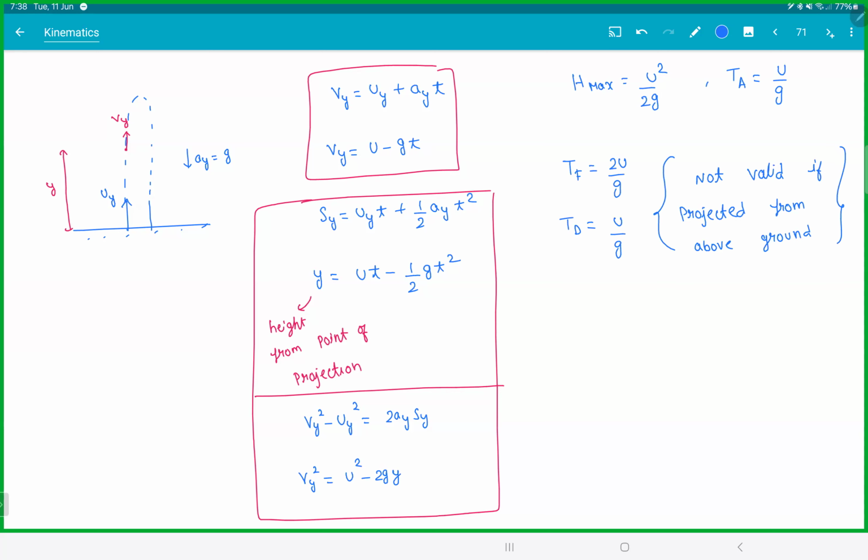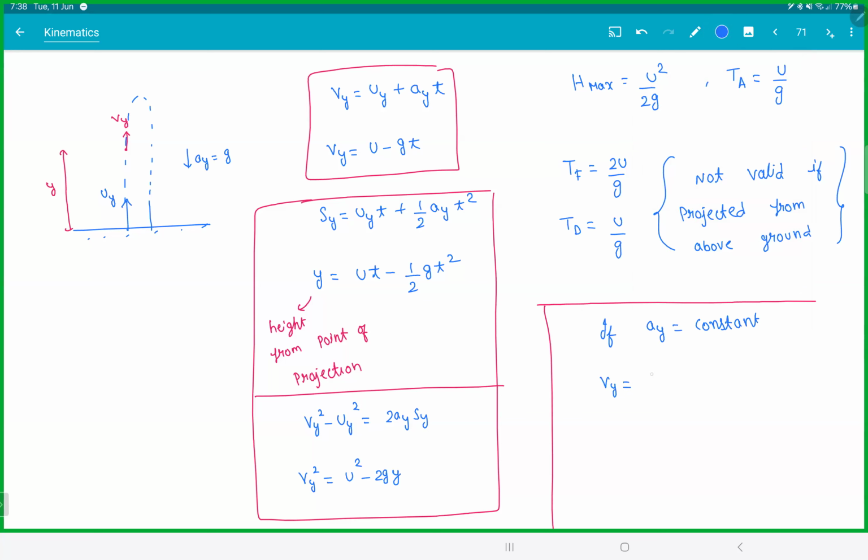Now, sometimes acceleration is not constant. We'll be doing these kinds of problems also in the next class. If ay is not constant, then you don't have an option. You have to go back to the old basic integration.